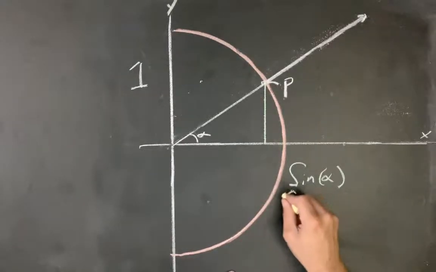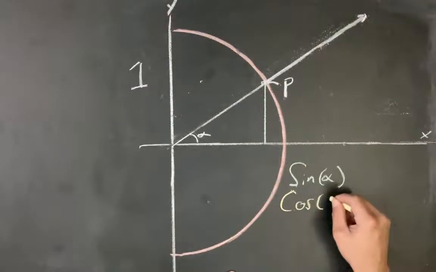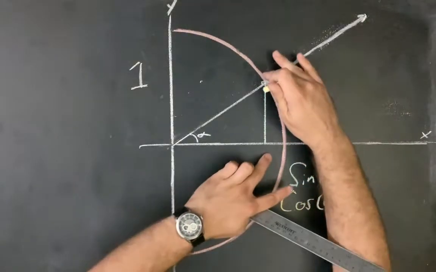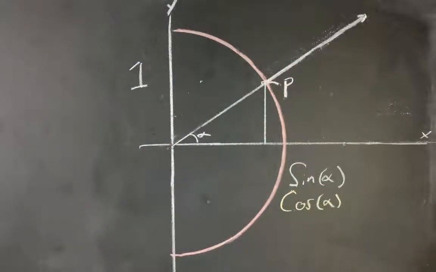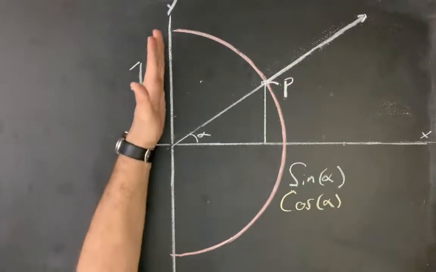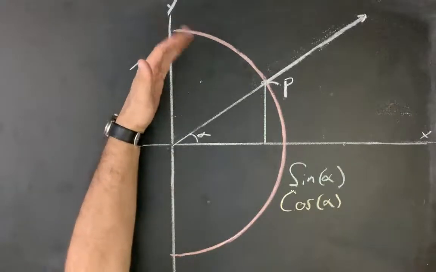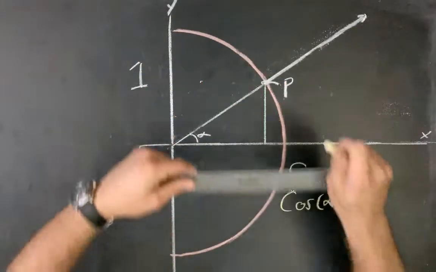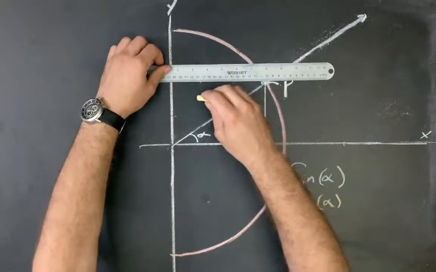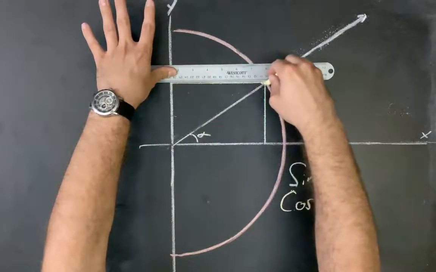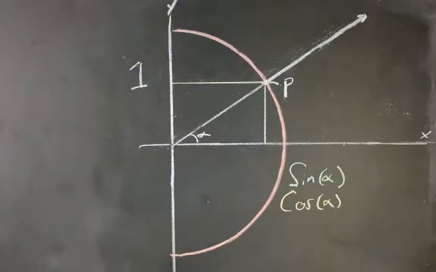Now its complementary, cosine. It won't be the change in y, it'll be the change in x. So with the same concept, it'll be an orthogonal line from the y-axis directly to point P. And that would be our cosine.